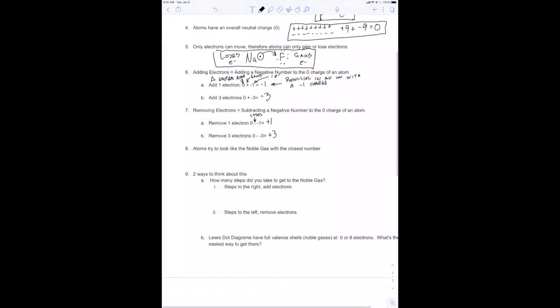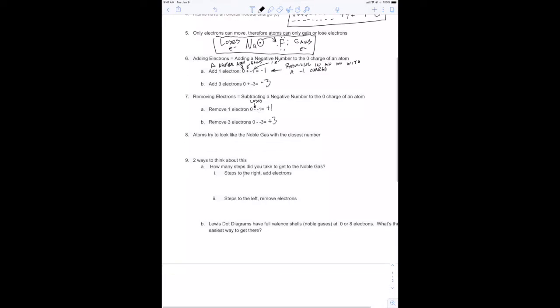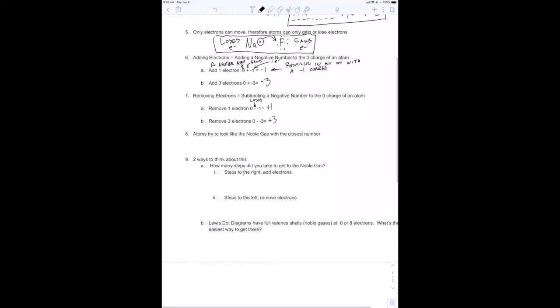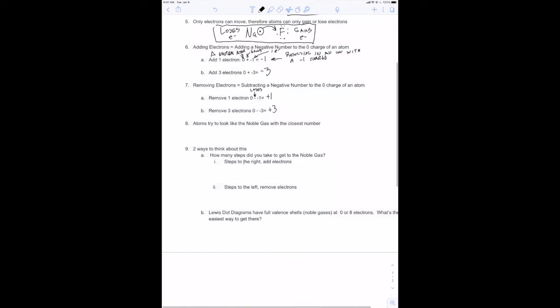All right, so how do you figure out how many electrons an atom gains or loses? Well, atoms are going to try to look like the noble gas with the closest number. So let's go ahead and, for example, look at oxygen and magnesium.